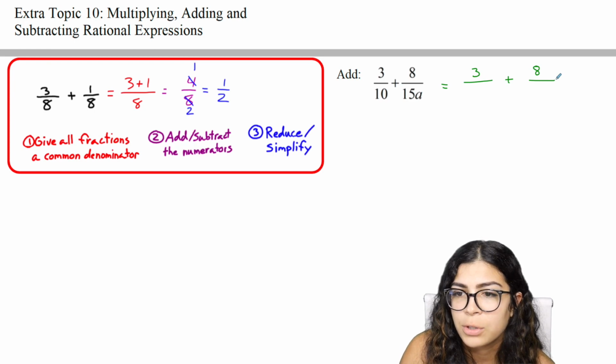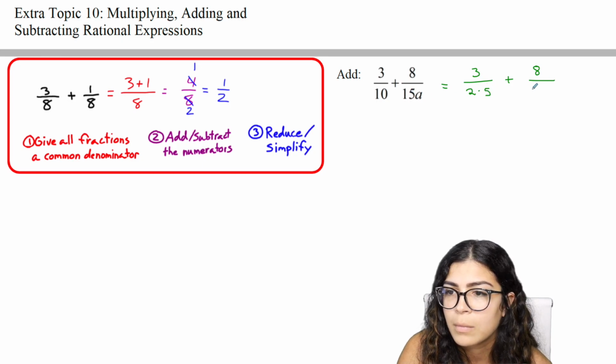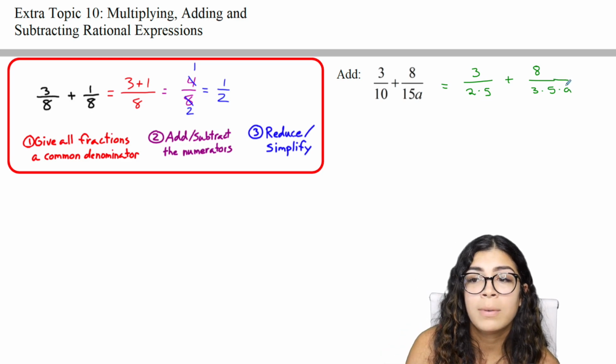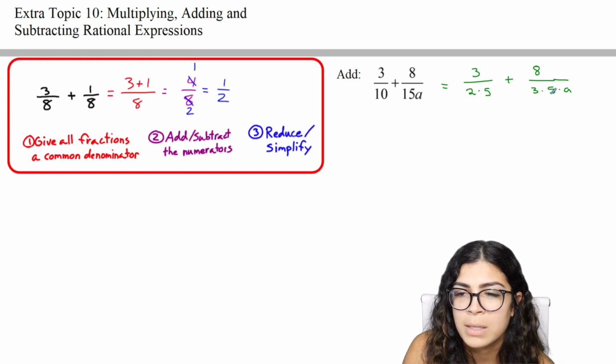So 10 would factor into 2 times 5, and 15a would factor into 3 times 5 times a. Okay, so now this is what I'm talking about. You could see here that we do already have a common factor of 5, right? However, the 3 and the a is missing from this denominator.